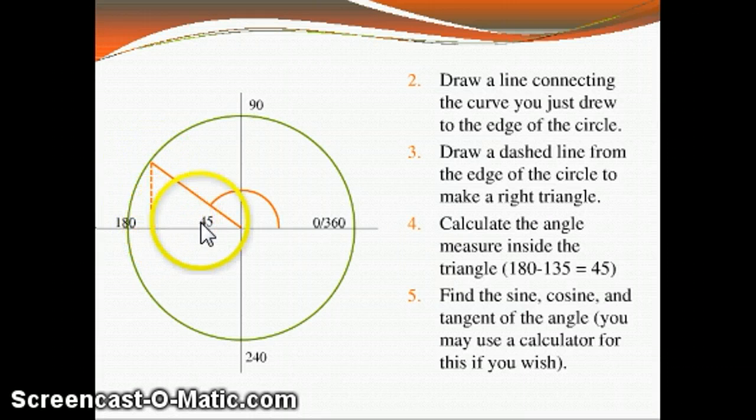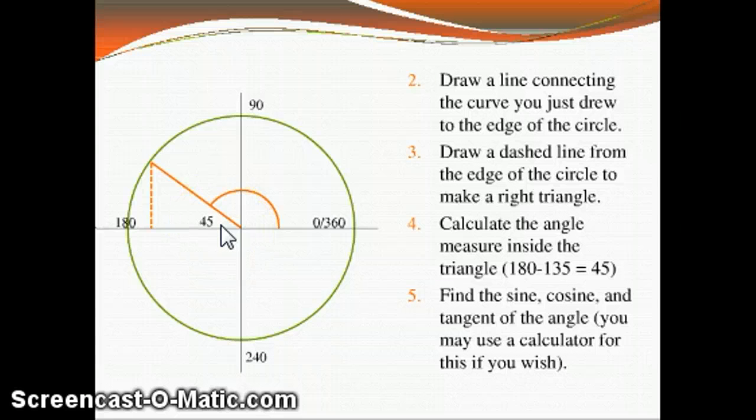And now you can calculate the measure of the angle on the inside of the triangle. Since 180 degrees is the closest 90-degree angle measure on the axes, you'll subtract 135 from 180 and you'll get 45 degrees.